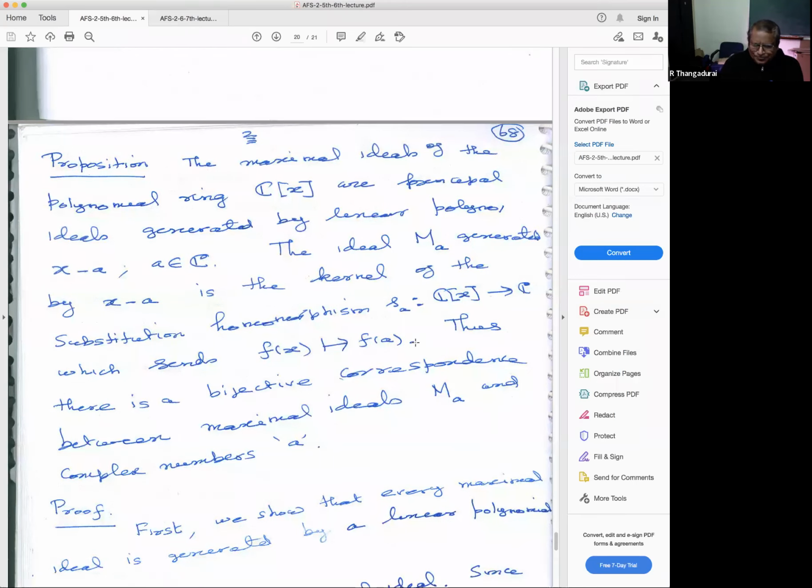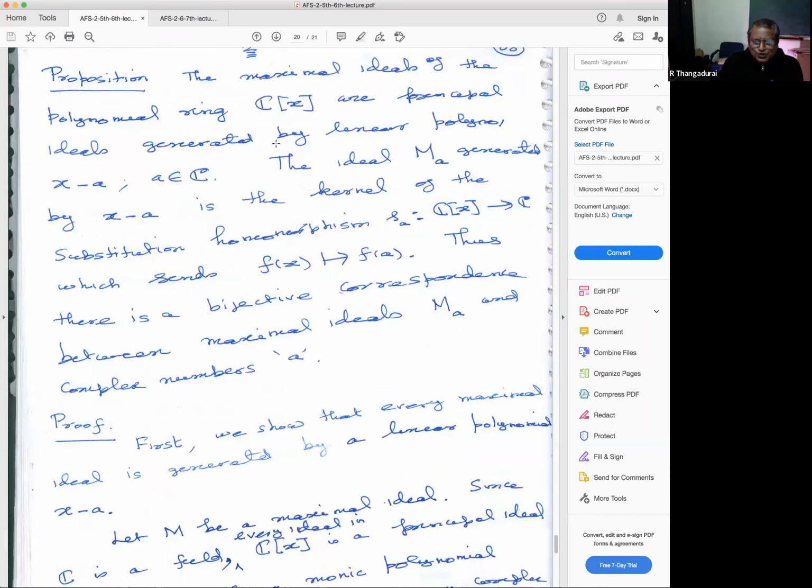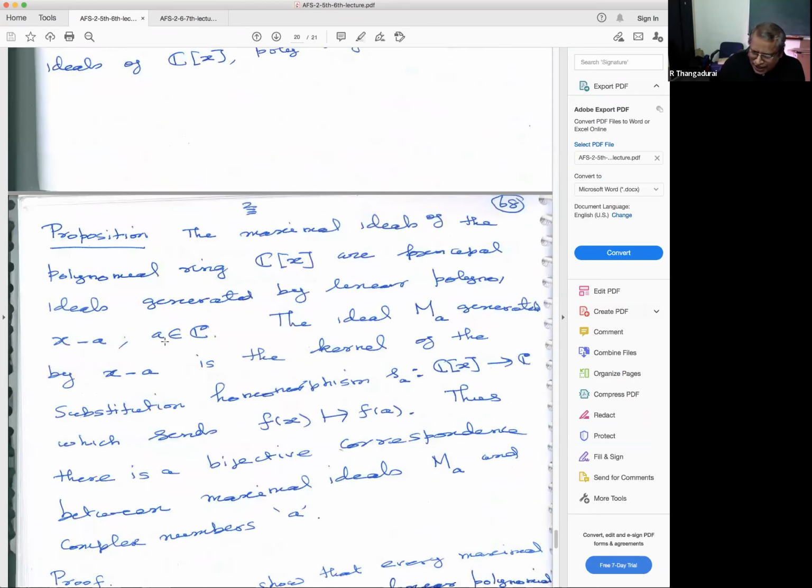Okay, then because of these two, given a complex number a, I can construct one linear polynomial x minus a. Then I can construct one ideal generated by it, and by this proposition it produces a maximal ideal M_a.